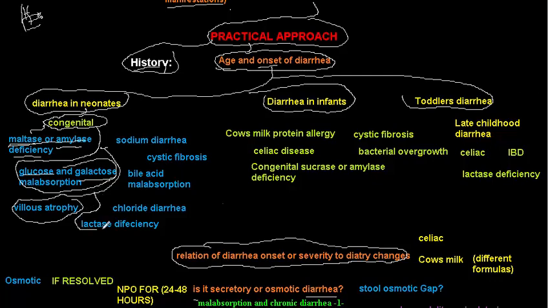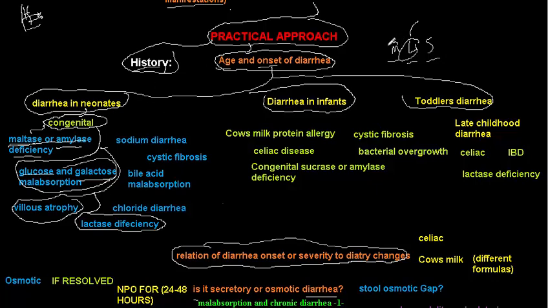Also lactase deficiency. I told you that in carbohydrate digestion we have maltase, lactase, and sucrase that break down maltose, lactose, and sucrose in order. Lactase breaks down lactose into glucose and galactose. If we have lactase deficiency, the glucose and galactose will not be absorbed, so we have malabsorption.